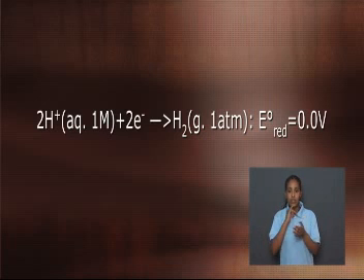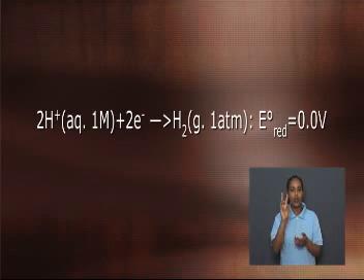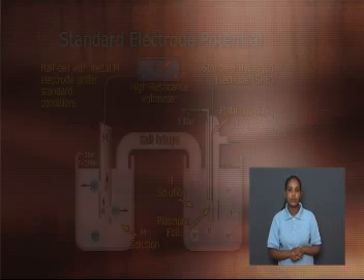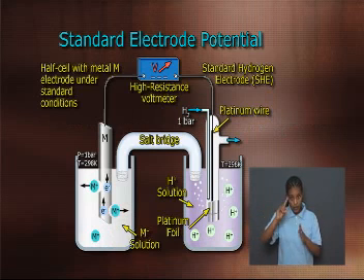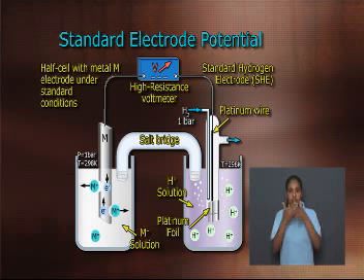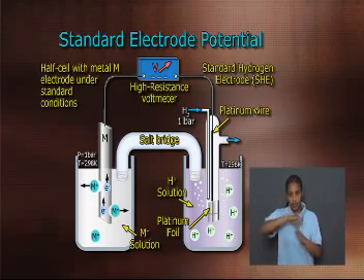This is given a standard reduction potential of exactly 0.0 volts. An electrode designed to serve as a reference in measuring standard electrode potential is called a standard hydrogen electrode, or a SHE.